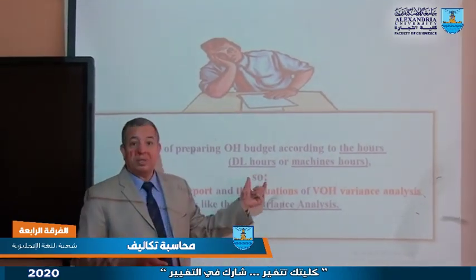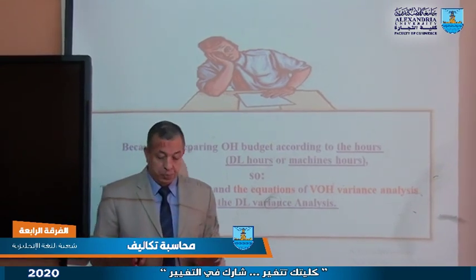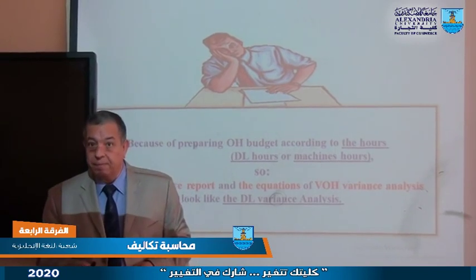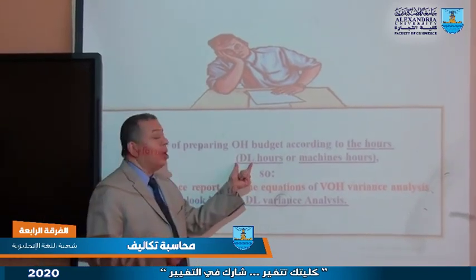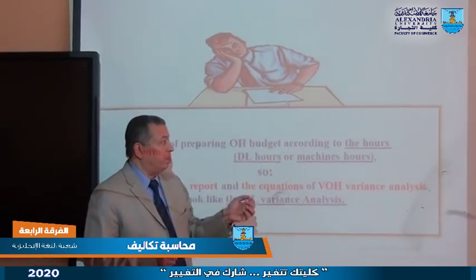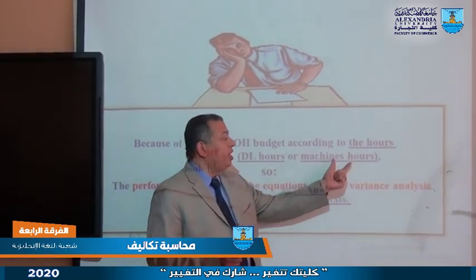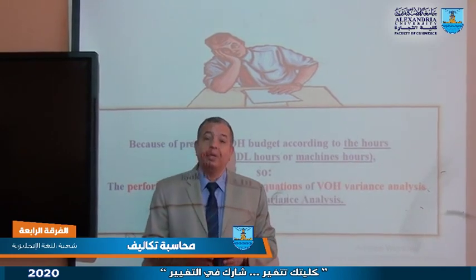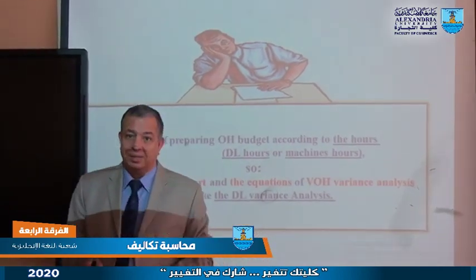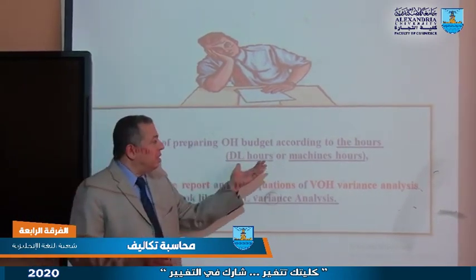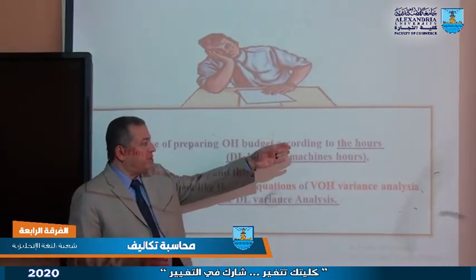Maybe direct labor hours, if I am in an intensive labor industry, we can use direct labor hours to prepare our budget, or machine hours if I speak about an intensive automation industry. It depends on the decision of management.